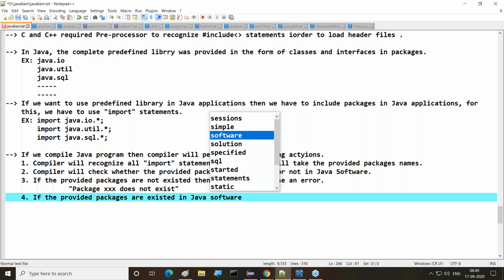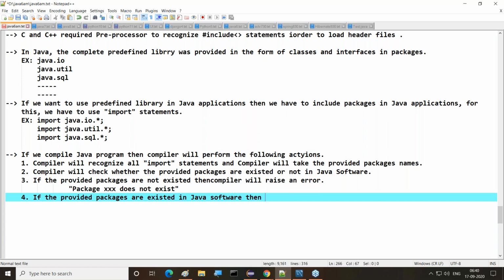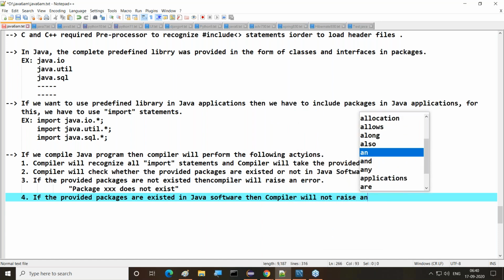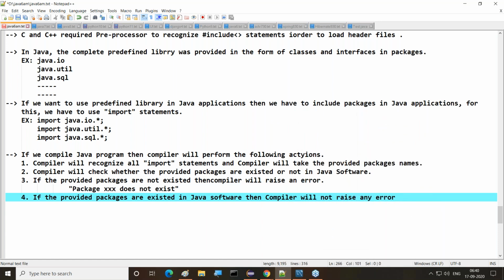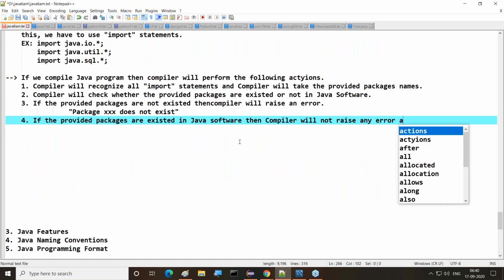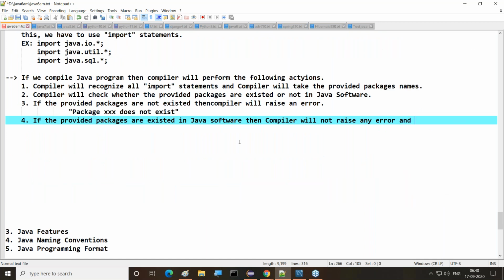If the provided packages exist in Java software, then the compiler will not raise any error.